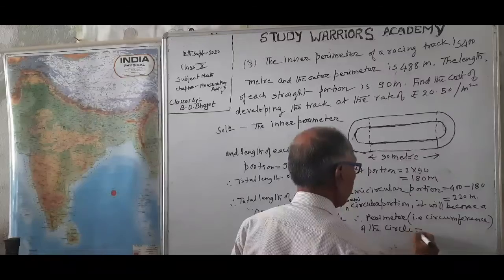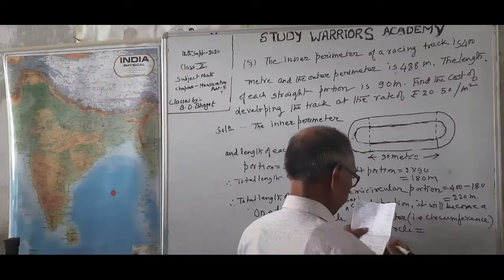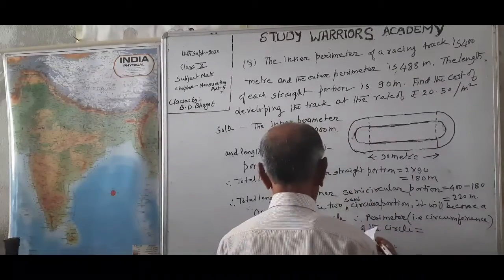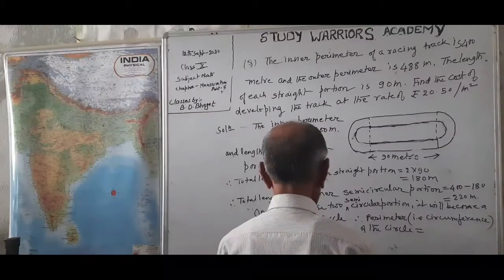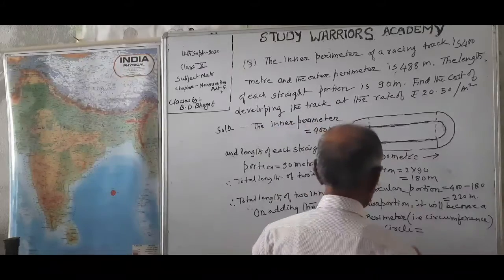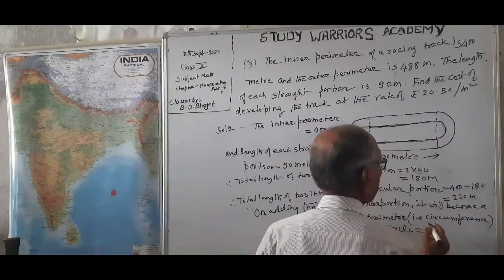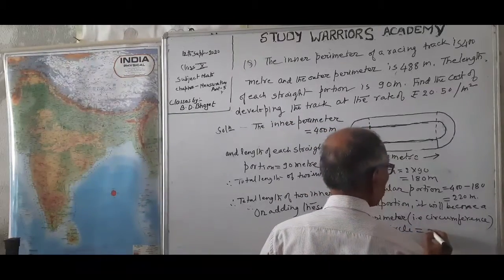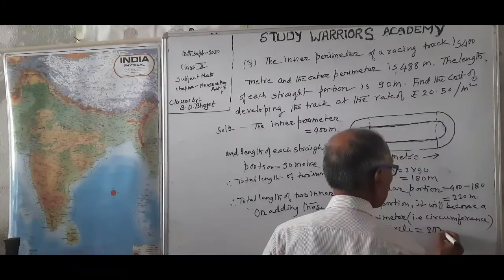You know the formula 2 pi r. Circumference of the circle is equal to 2 pi r.